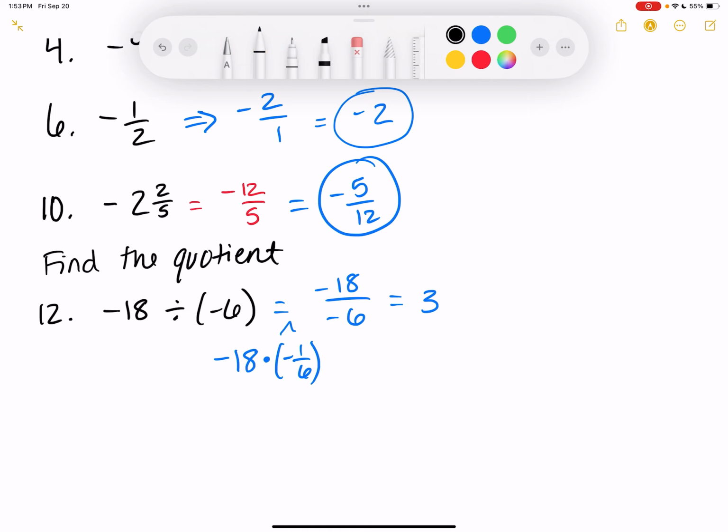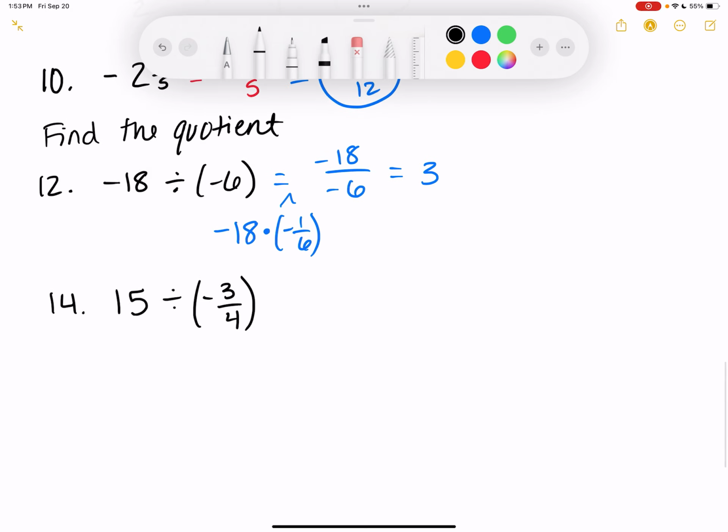All right, 14. 15 divided by, in parentheses, negative 3 over 4. So I have 15 divided by negative 3 over 4. What I need to do in this case is the multiplicative inverse.